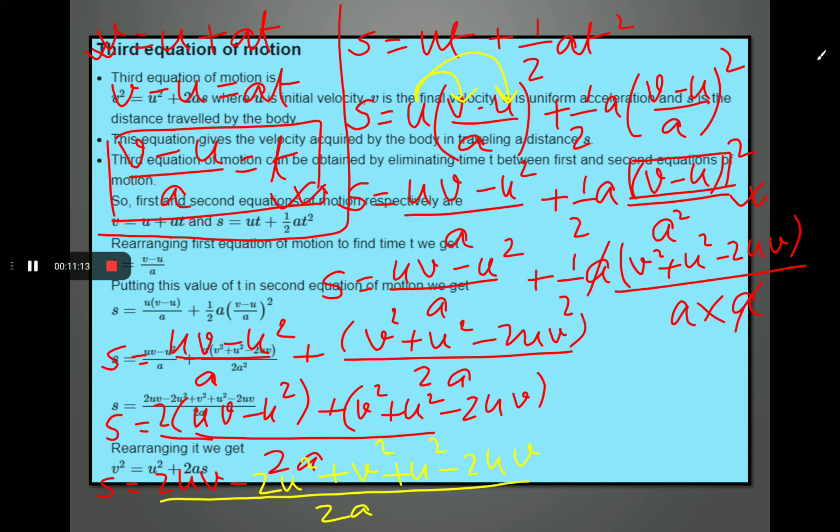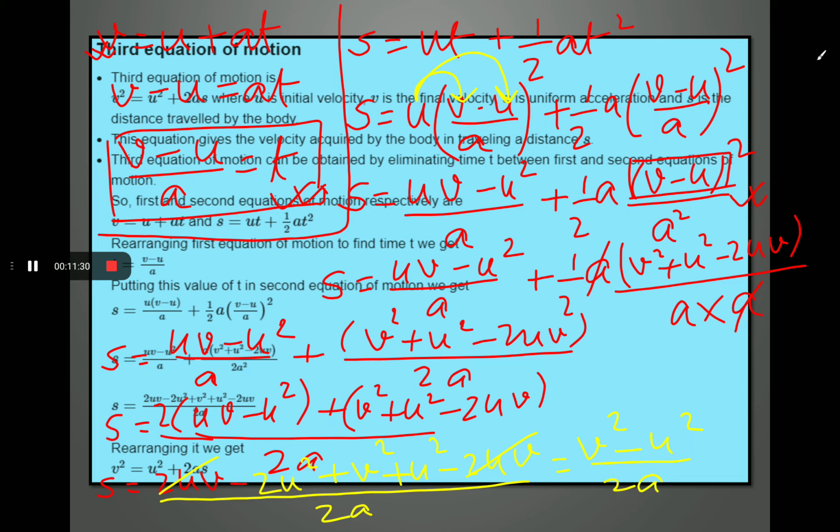Now plus 2uv and minus 2uv cancel out, and we have v square, and here minus 2u square and plus u square is minus u square, by 2a.